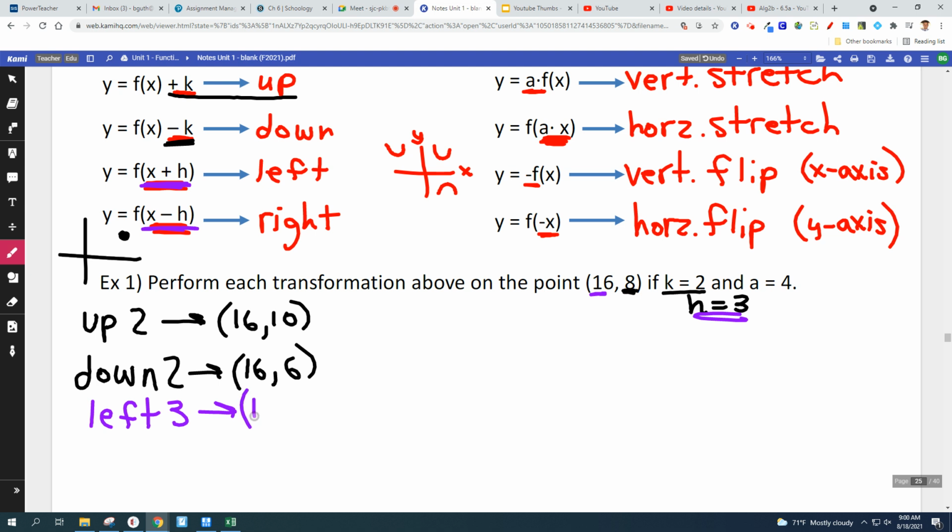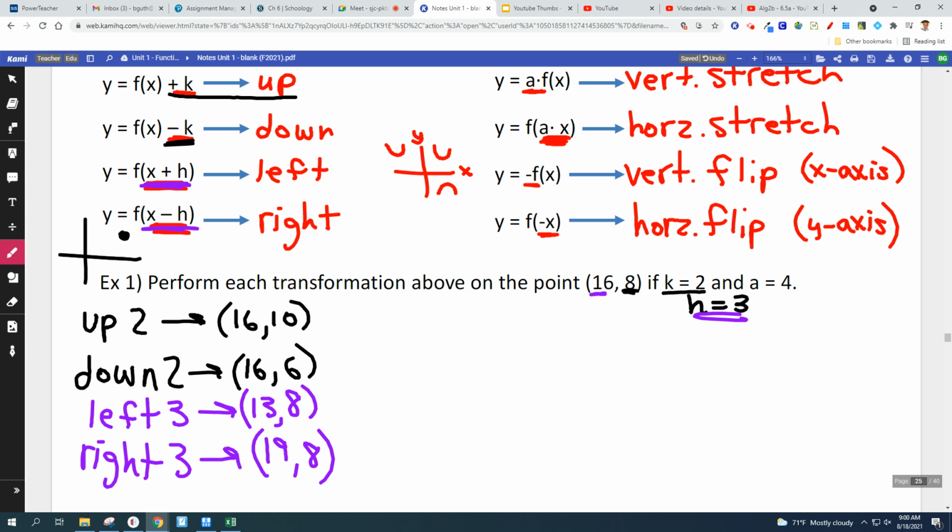That's going to be (13, 8), just leave the original y number, 8. That point started at (16, 8). I moved it left 3, now it's at (13, 8). Now I'm going to go right 3. And so your 16 moves over to the right to 19. (19, 8).